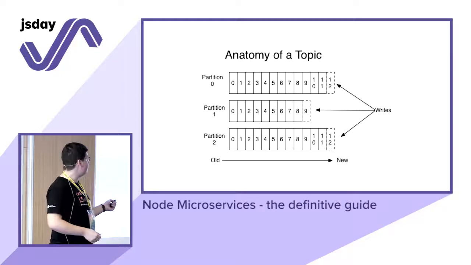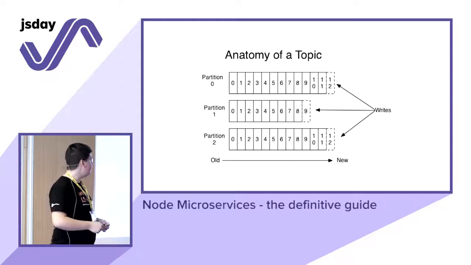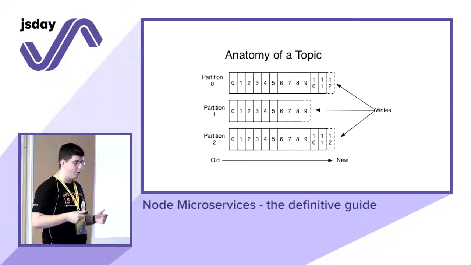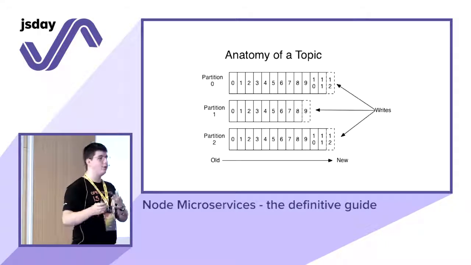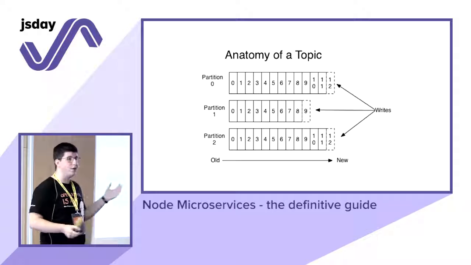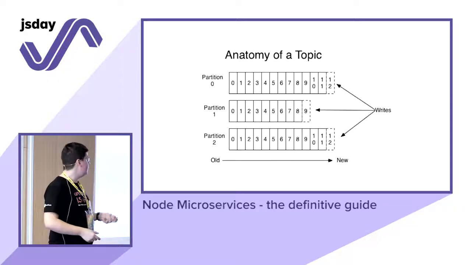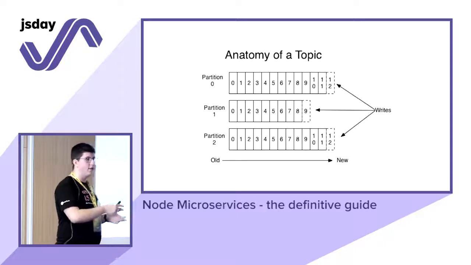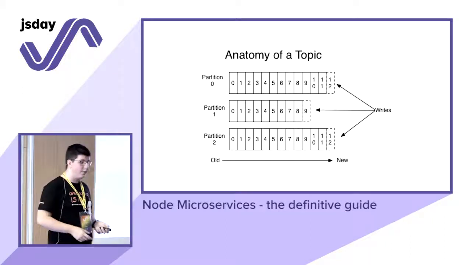Kafka is also just appending the new messages to this queue, which means that you can store your messages there for a couple of days if you want to do some debugging, if you want to jump in and see what messages were coming for the last 10 days. If Kafka sees that there are a lot of messages and there is not enough space, it will start deleting the first messages that came there.